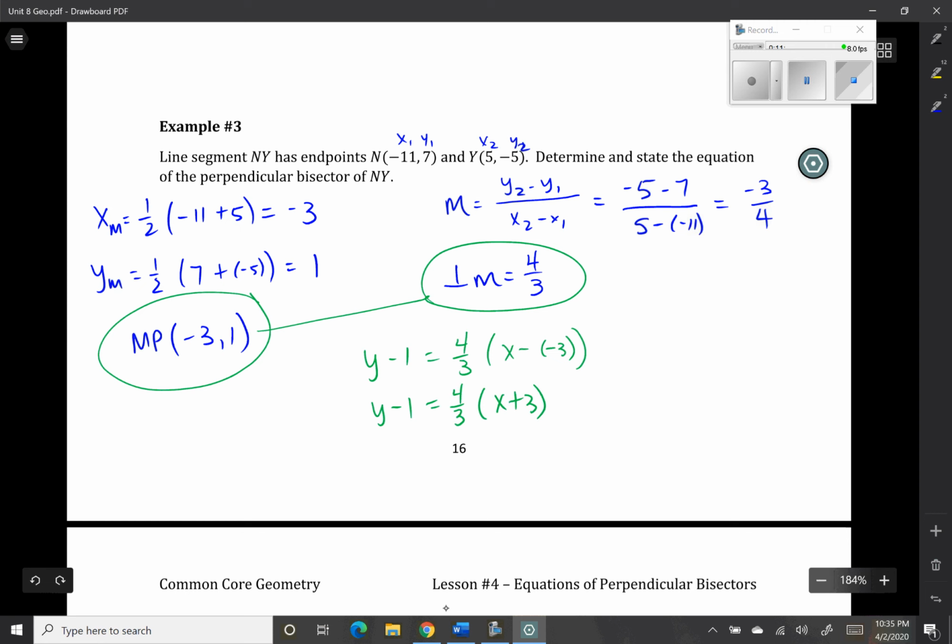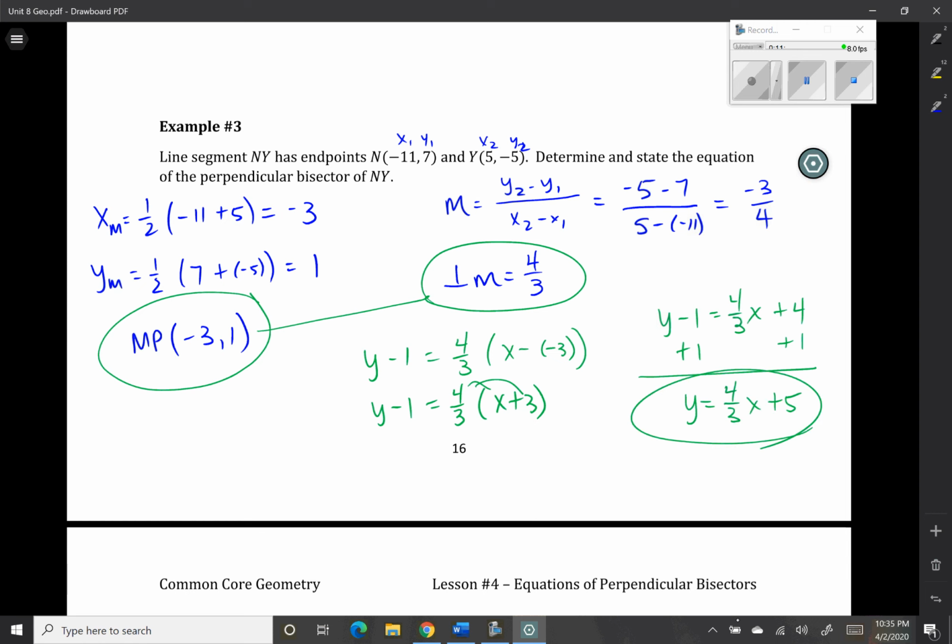I'll just clean that double negative up. Totally fine if I leave it like that, or I could distribute. So I'd get y minus 1 is equal to 4/3 x plus 4. 4/3 times 3 is just 4. Add 1 to both sides, and we get y equals 4/3 x plus 5. There's my equation that they're looking for.